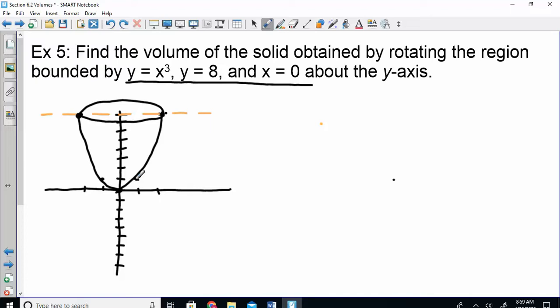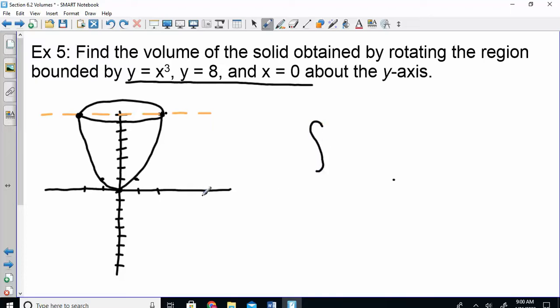If you look back at your examples from yesterday, all of those were something flipped on its side, and so it was the y value that changed as we went along. The height was changing, but we had a definite starting and stopping for our x. When I'm looking at this one, it's my x value that changes. Here the x is different than here. But we have a definite top and bottom in this curve. So we're going to integrate with respect to y here.